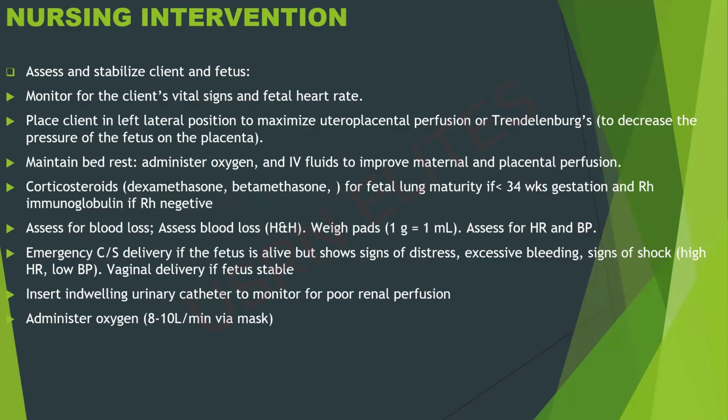We need to also insert a catheter. Because there's hemorrhage, you have to assess renal perfusion, so passing of catheter is important here. And you also have to administer oxygen, as simple as that. But oxygen here is via face mask.